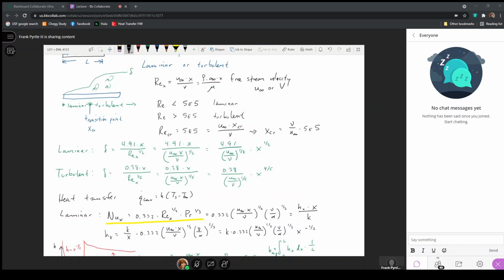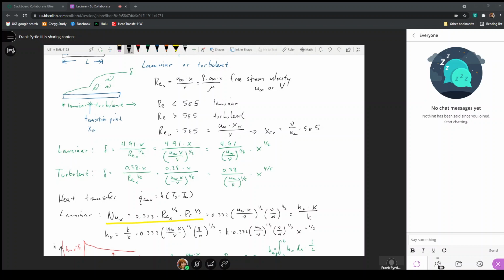The velocity boundary layer is that place where the velocity varies between the free stream velocity, which is a constant value outside the velocity boundary layer, and it's zero due to the no-slip condition at the surface of the plate.